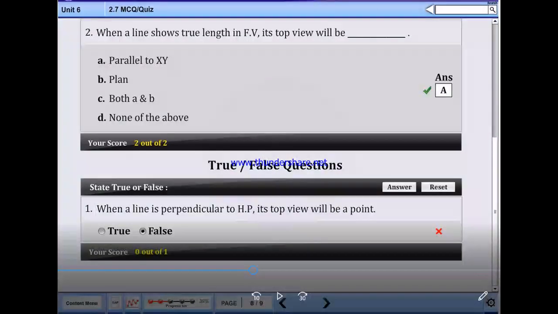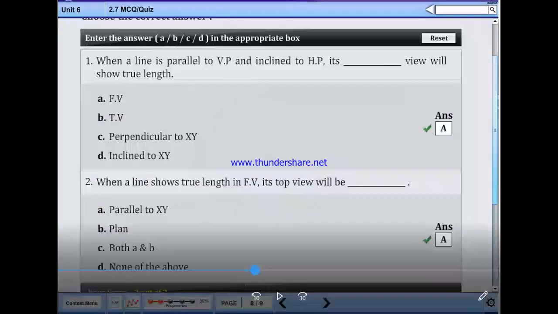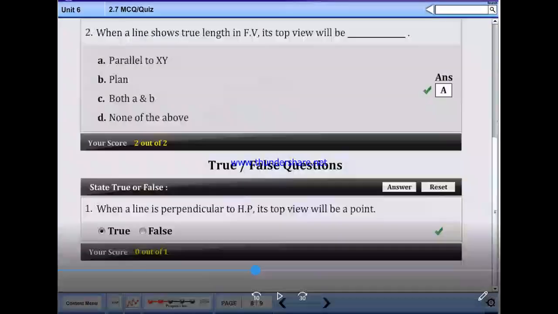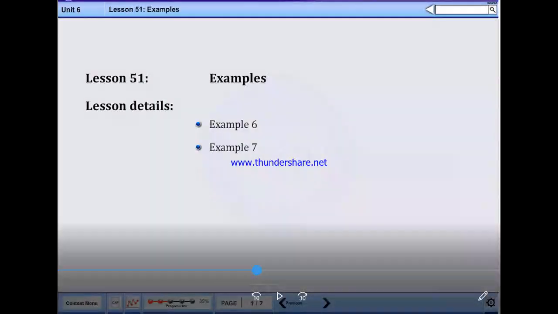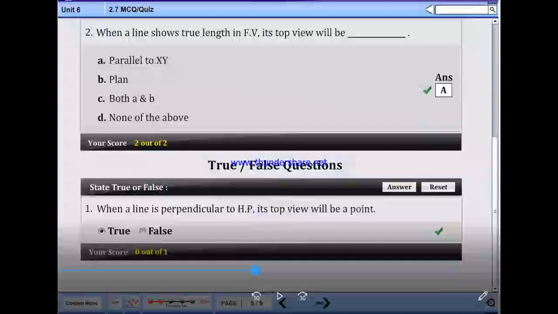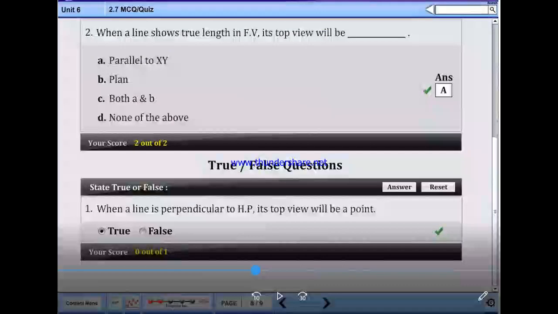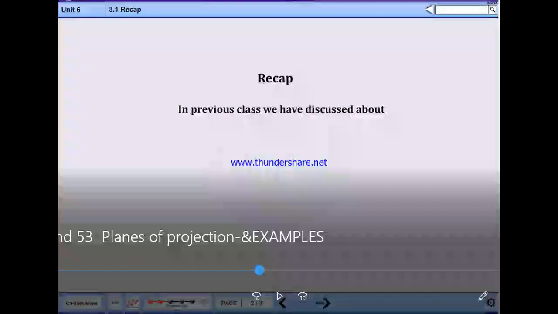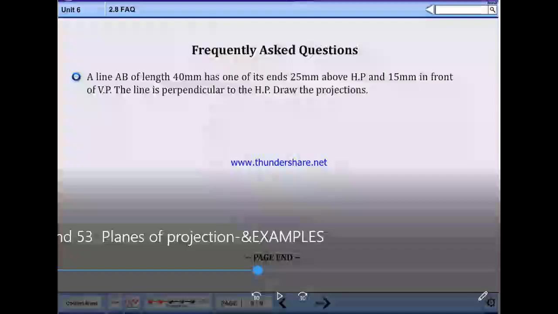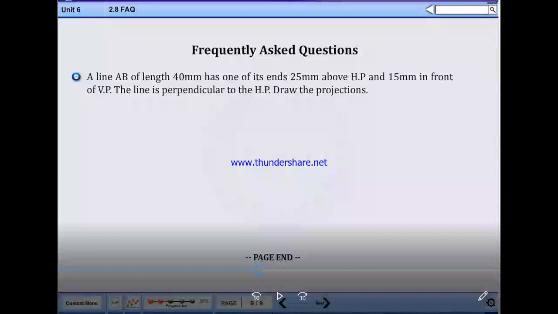Yes, it is true. Now note this down in frequently asked questions.